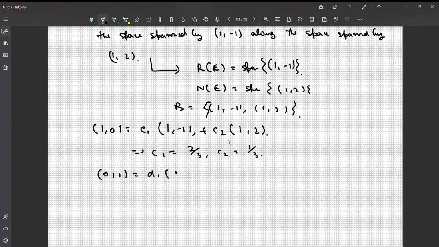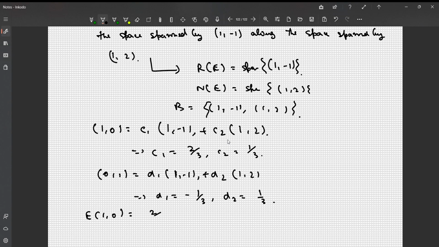For 0, 1, if you write it as some D1 times 1, minus 1 plus D2 times 1, 2, then you have D1 as, I guess, minus 1 upon 3 and D2 as 1 upon 3, right? Now what is E of 1, 0?